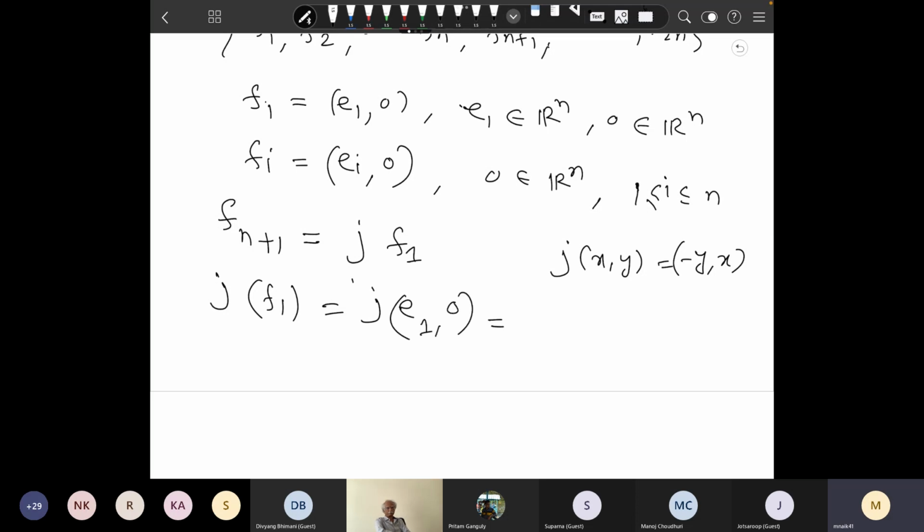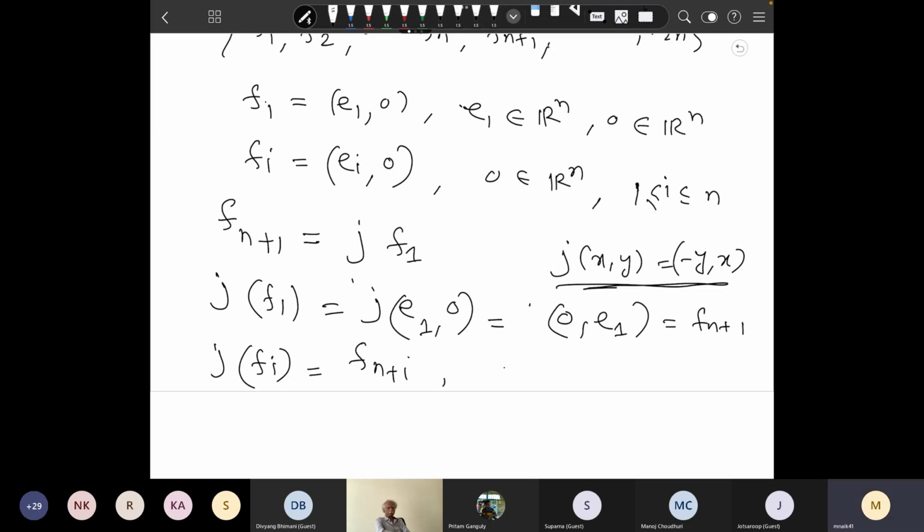If you put J of xy is equal to minus yx, so J of 0, E1. So that means at n plus 1 place, it is 1. This is Fn plus 1. Similarly, you will get J of Fi is equal to Fn plus i, where i belongs to 1 to n.